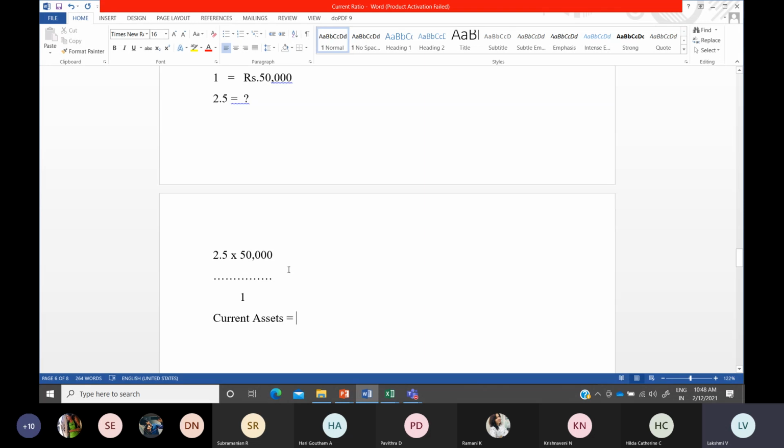Just calculate and see: 2.5 into 50,000 is 1,25,000. Yes. Okay, now this is the current assets.